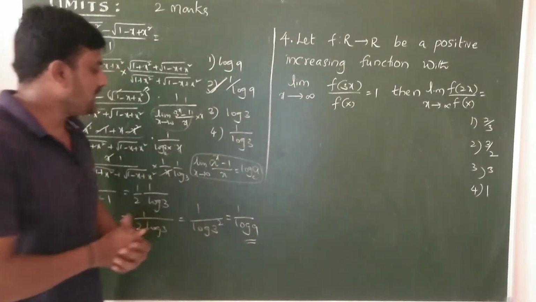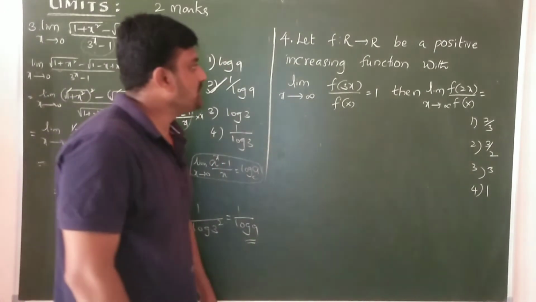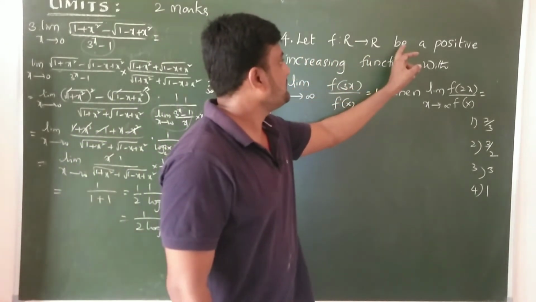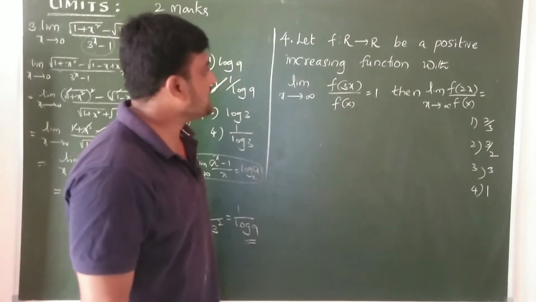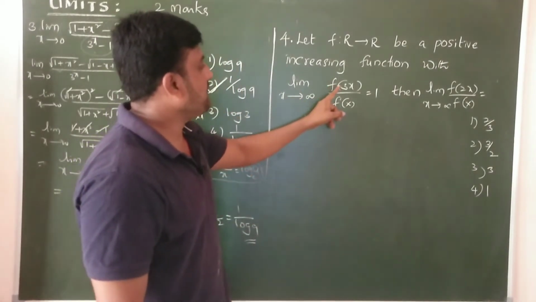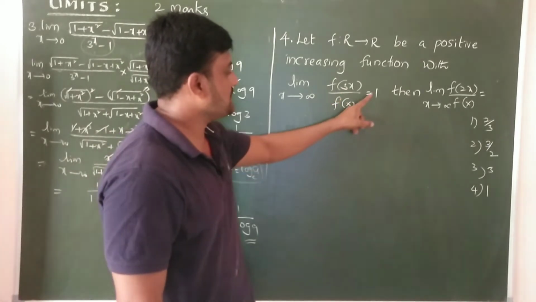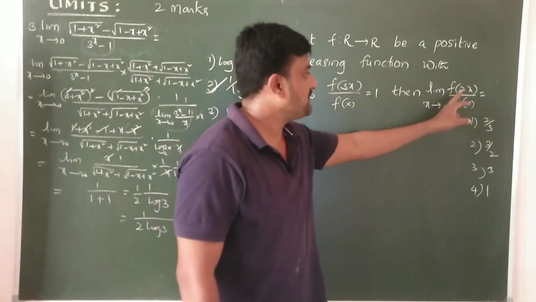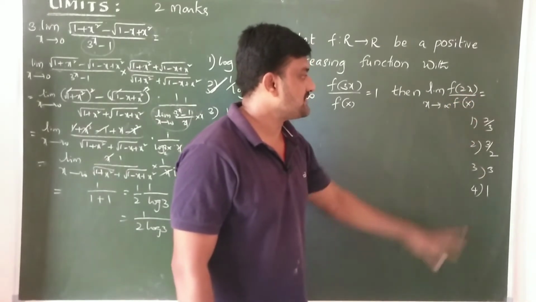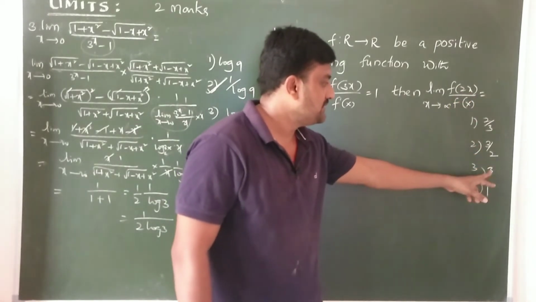Okay, now the fourth one. Let f from R to R be a positive increasing function with limit as x tends to infinity of f(3x) by f(x) equal to 1. Then the limit as x tends to infinity of f(2x) by f(x) equals what? 2 by 3, 3 by 2, 3, 1.